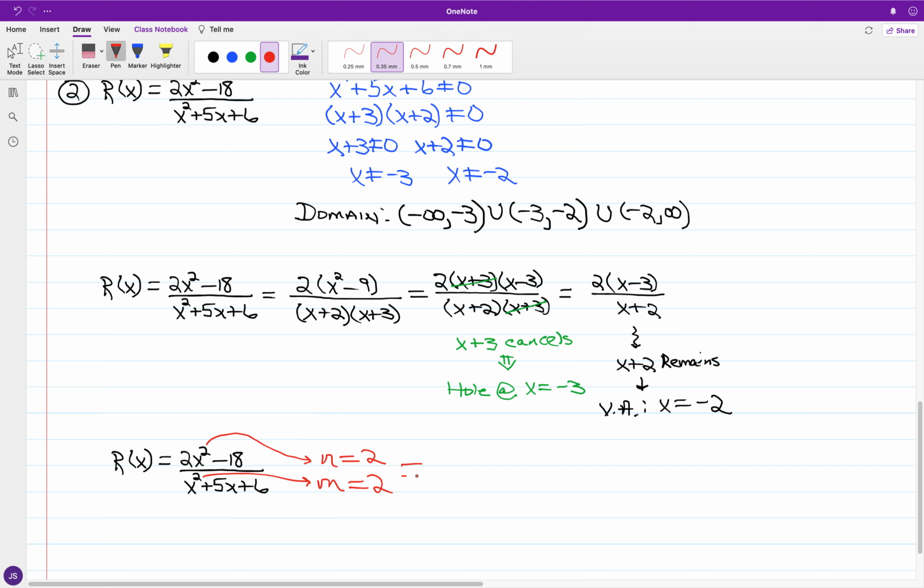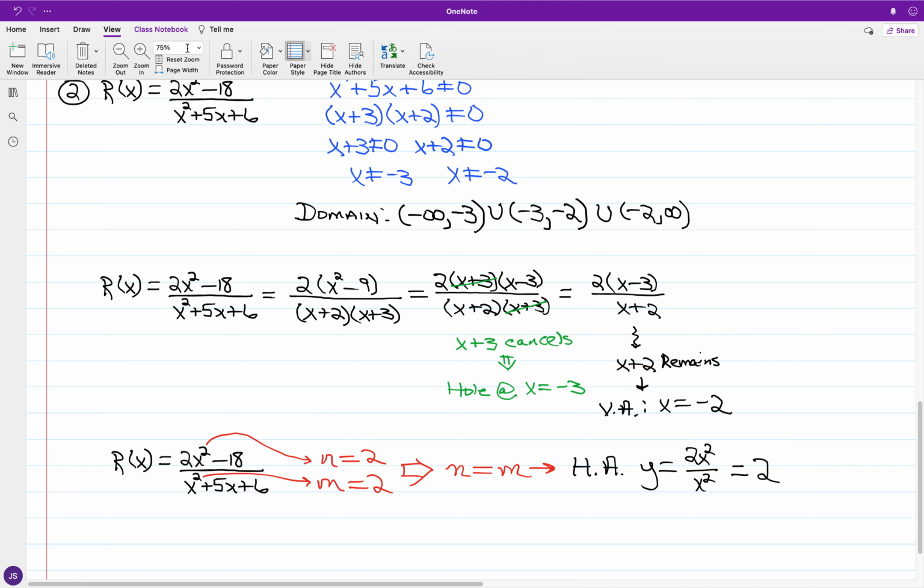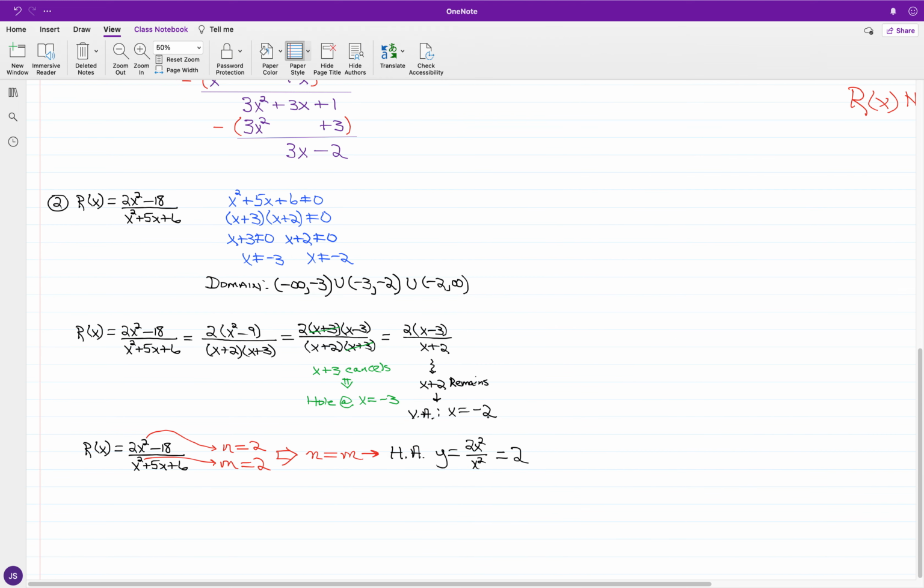In terms of how n and m compare, these are identical, so n is equal to m. So along with the vertical asymptote at x is equal to negative 2, we're going to have a horizontal asymptote. And this is going to be a constant that results from taking the ratio of the highest order terms from the numerator and denominator. So you have 2x squared over x squared, and this is going to reduce to y is equal to 2. So we have two asymptotes, one vertical at x equal to negative 2, one horizontal at y is equal to 2.